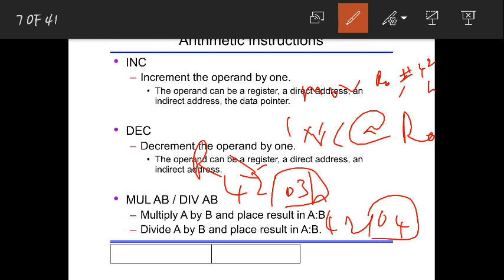That means R0 is pointing towards 42 and you are writing increment @R0. Then even here the same happens. What is present where R0 is pointing will be incremented. So the same result you will be getting.